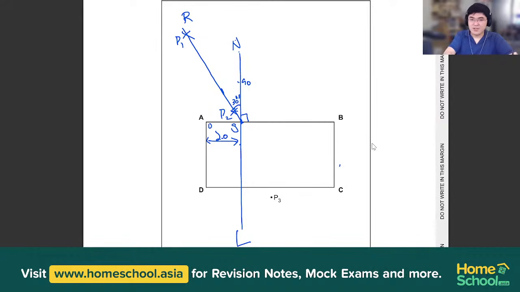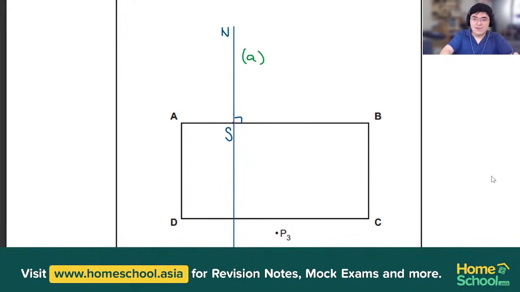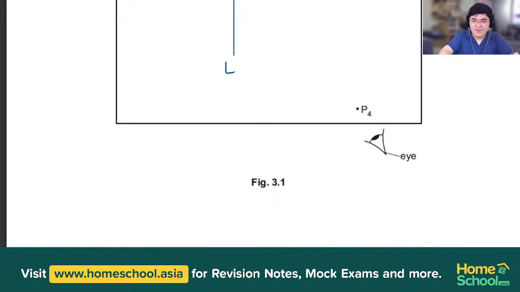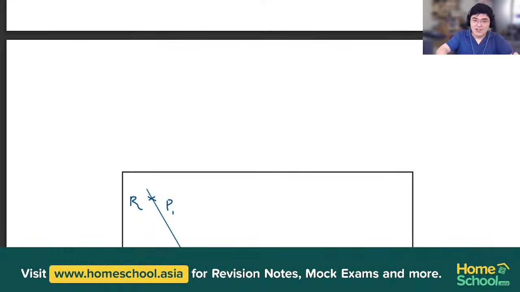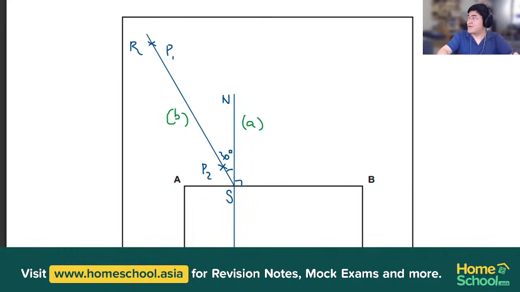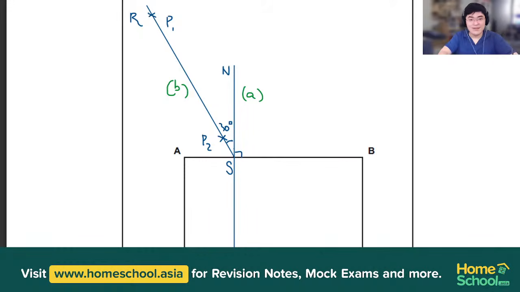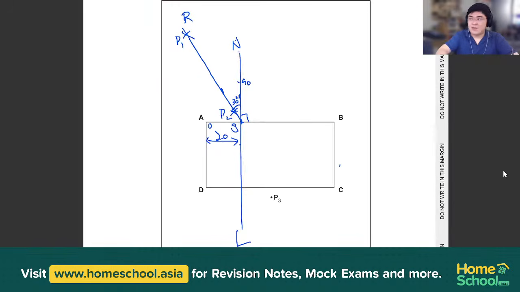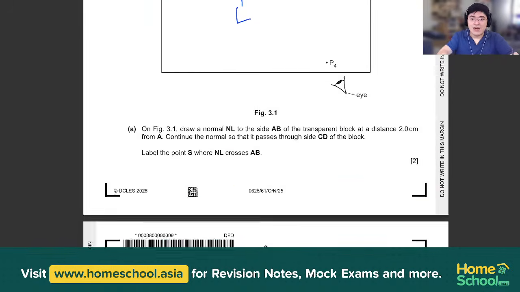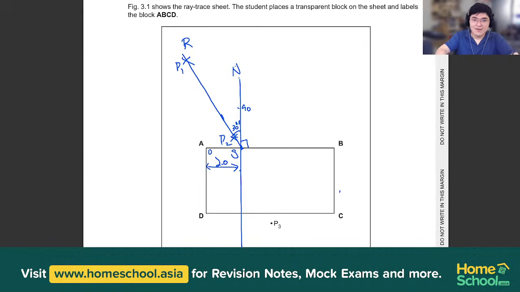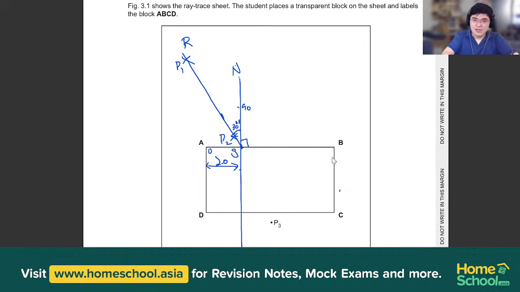Okay, very good. If you look at a less janky drawing, which has been done properly, it should look something like this. So far so good. This is also a 2-mark question, so how do you get your full 2 marks? Simply put, one, your line RS is exactly 30 degrees away from this normal line.